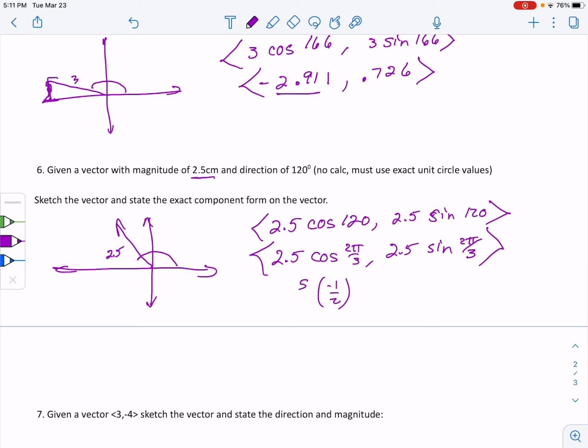And this is 5/2. I like to work in fractions. And this is 5/2 times the sine, which is root 3 over 2. So you get negative 5 over 4 and 5 root 3 over 4. And it's exact. I don't want a decimal from that. It means you use your calculator and you don't get one. Okay?